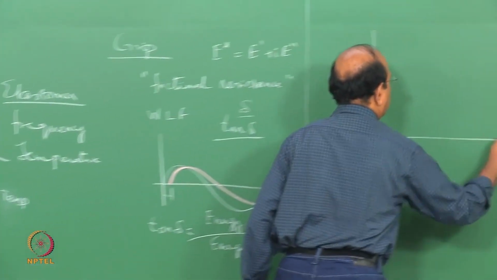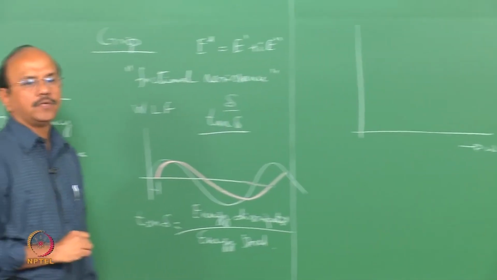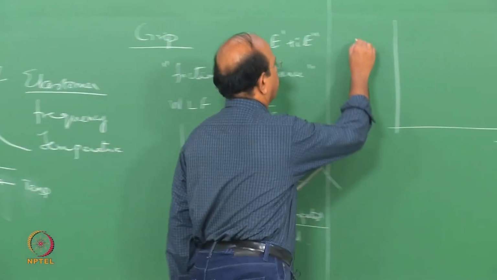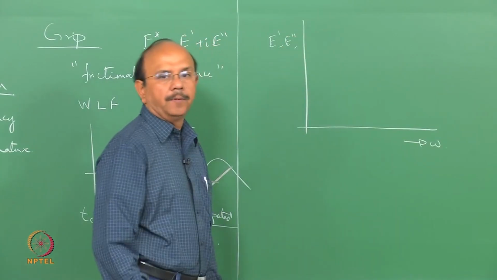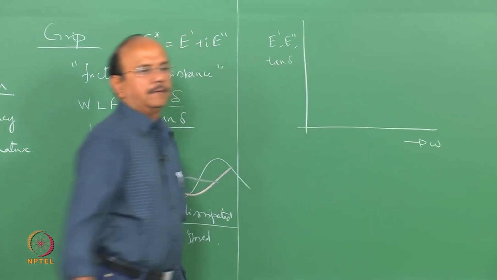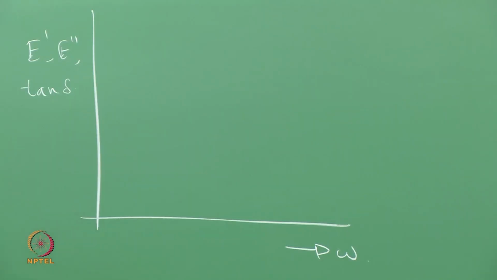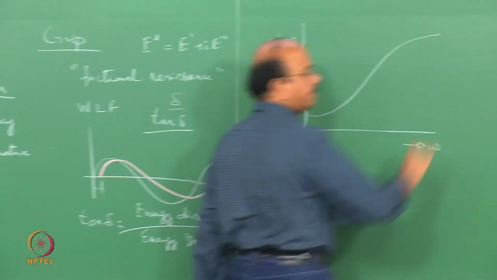If you now plot, say for example, omega versus all these three quantities, which are E prime, E double prime and tan delta, the graphs would look something like this. We've already seen how E prime would look. So E prime would look like that.